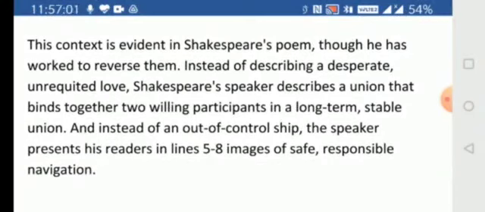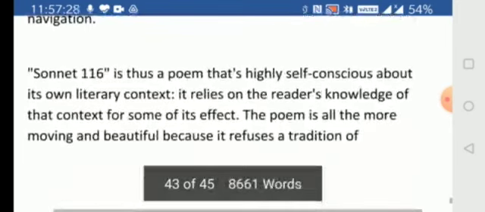Instead of describing a desperate, unrequited love, Shakespeare's speaker describes a union that binds together two willing participants in a long-term, stable union. And instead of an out-of-control ship, the speaker presents his readers in lines 5 to 8 images of safe, responsible navigation.